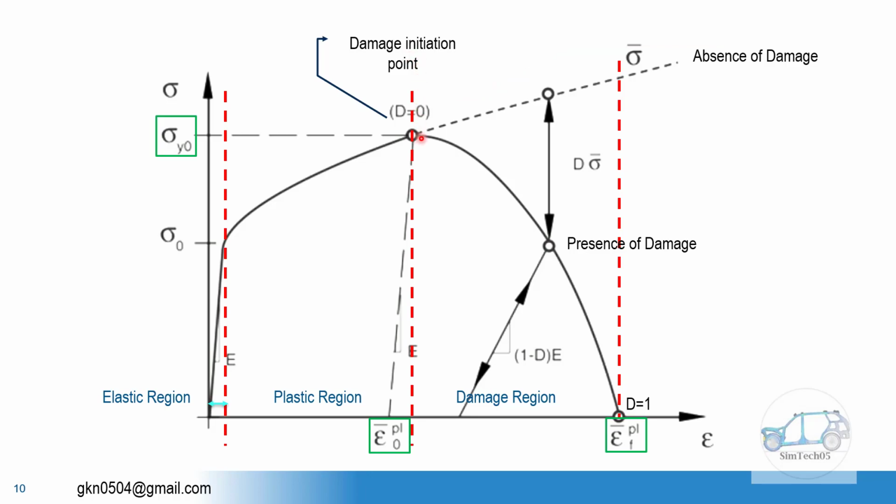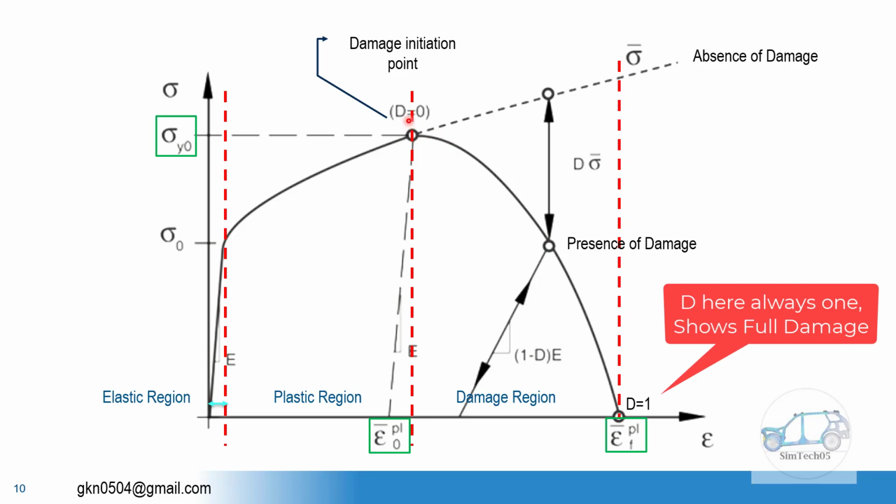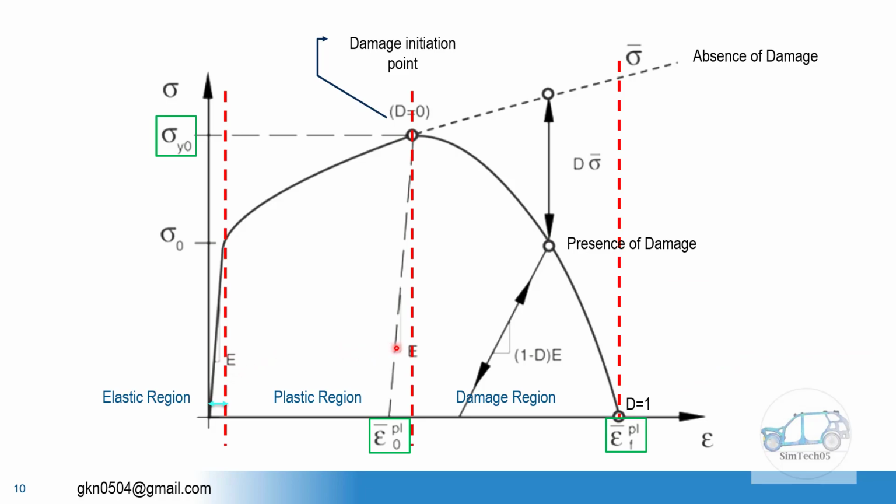As strain increases, this damage parameter moves from 0 to 1. The maximum value of this damage parameter is 1. Up to the plastic region, Young's modulus remains the same, both in the elastic region and the plastic region, which means there is no degradation in the material.